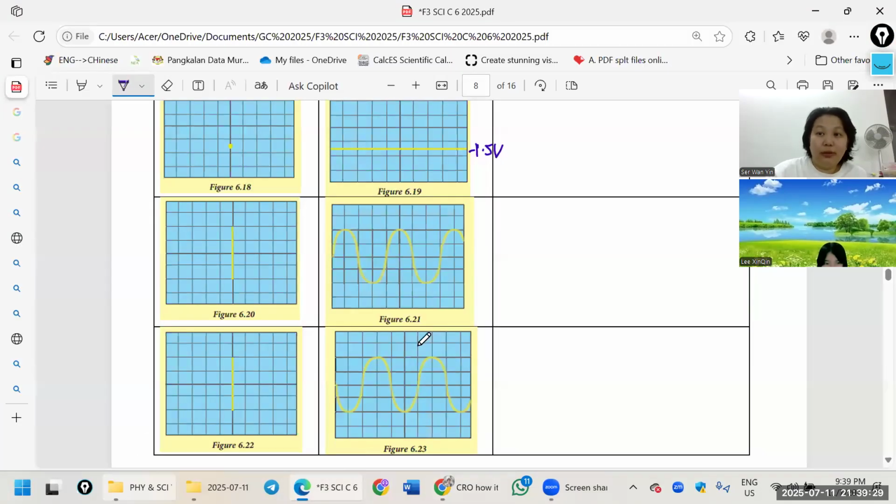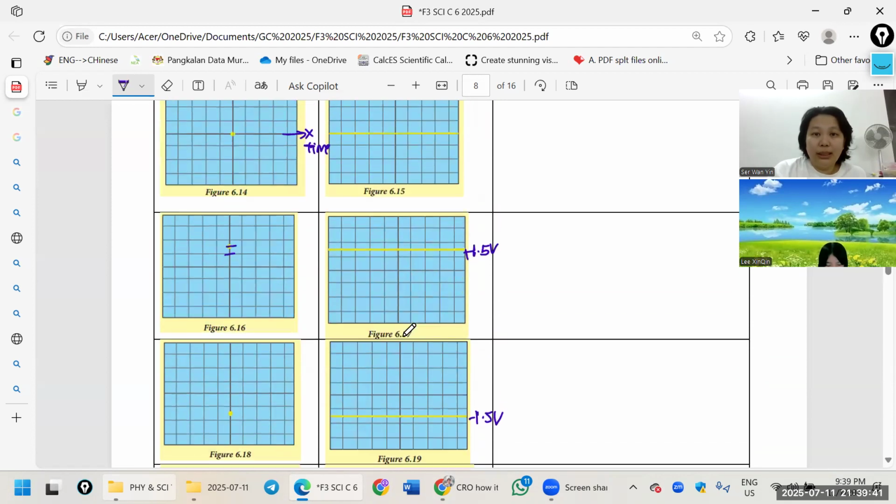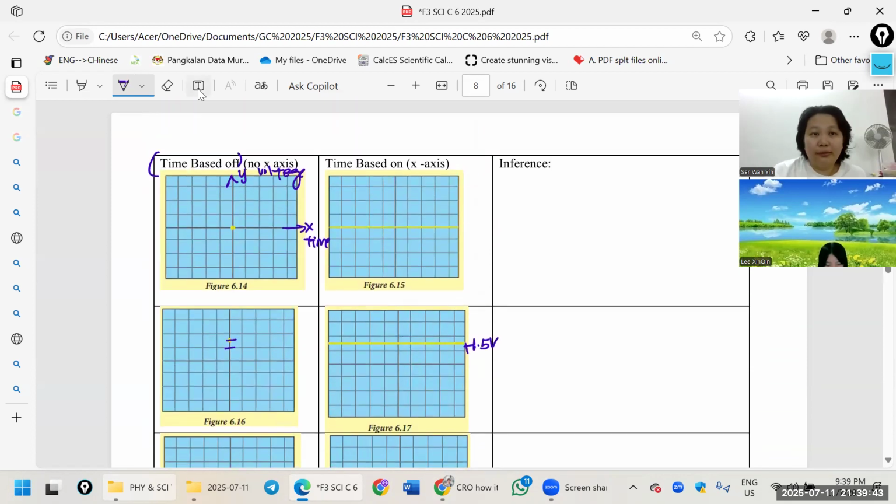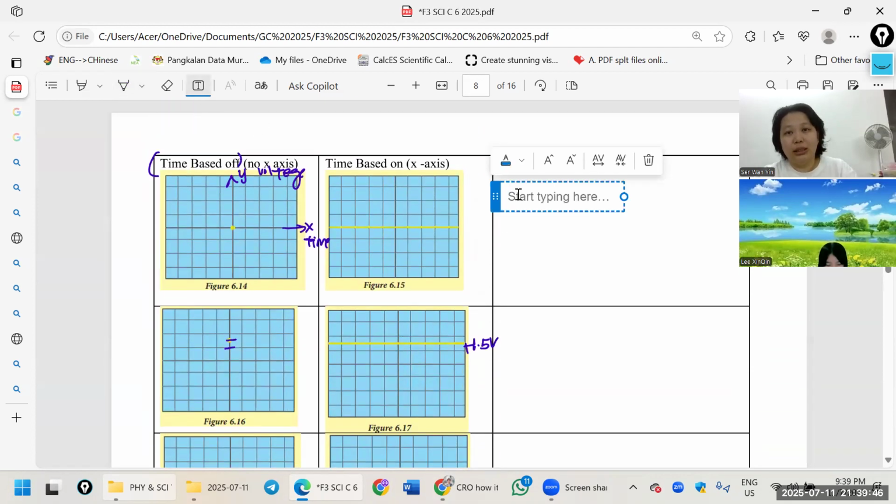Okay, so if AC, you will see up, down, up. This is the ballet. First it goes from positive to negative, then the ballet from negative to positive. So what is the inference?